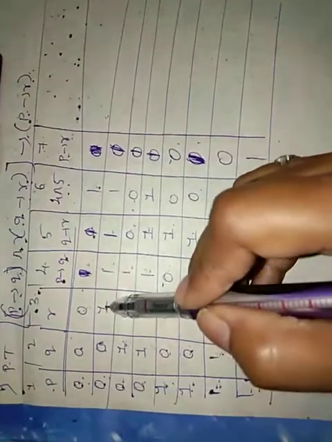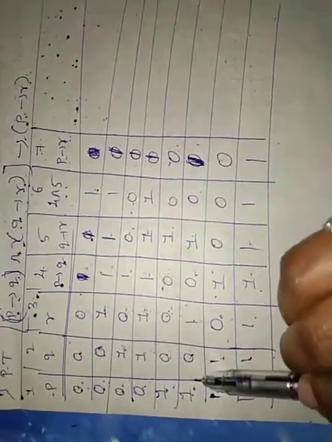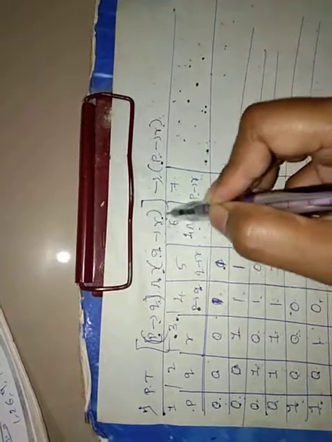So 0 implies 0, true. 0 implies 1, true. 0 implies 0, true. 0 implies 1, true. 1 implies 0, false. 1 implies 1, true. 1 implies 0, false. 1 implies 1, true.